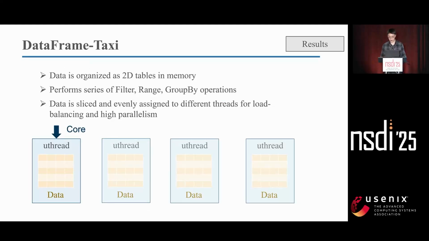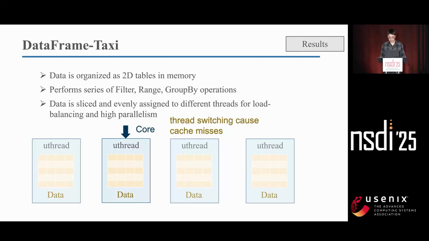Let's take DataFrame taxi as an example. Data in this application is organized as some 2D tables in memory. The application performs a series of filter, range, and group-by operations. For load balancing and high parallelism, data is sliced and evenly assigned to different threads.